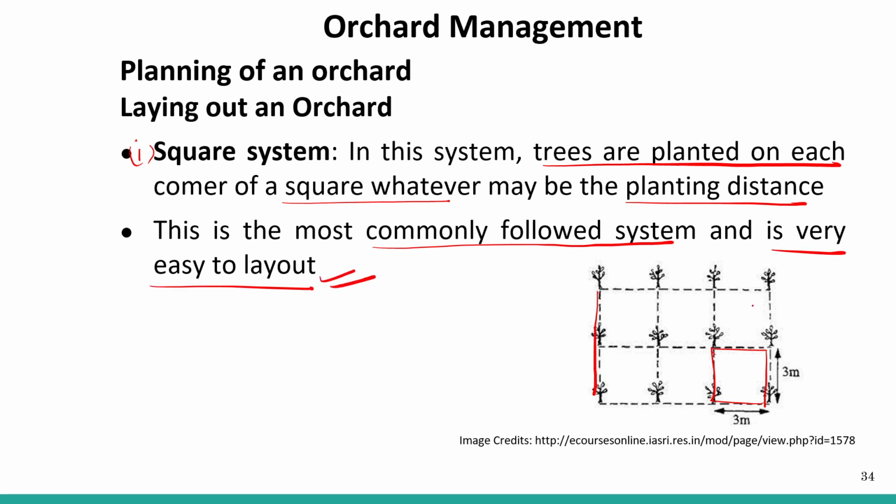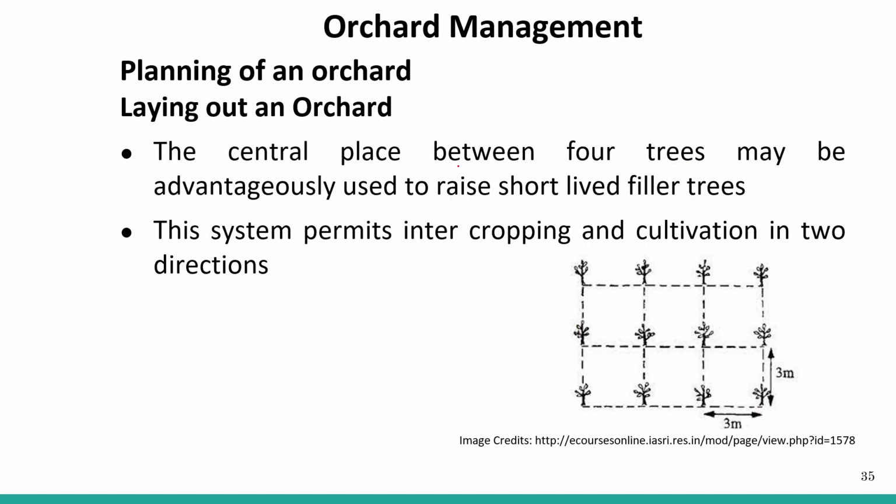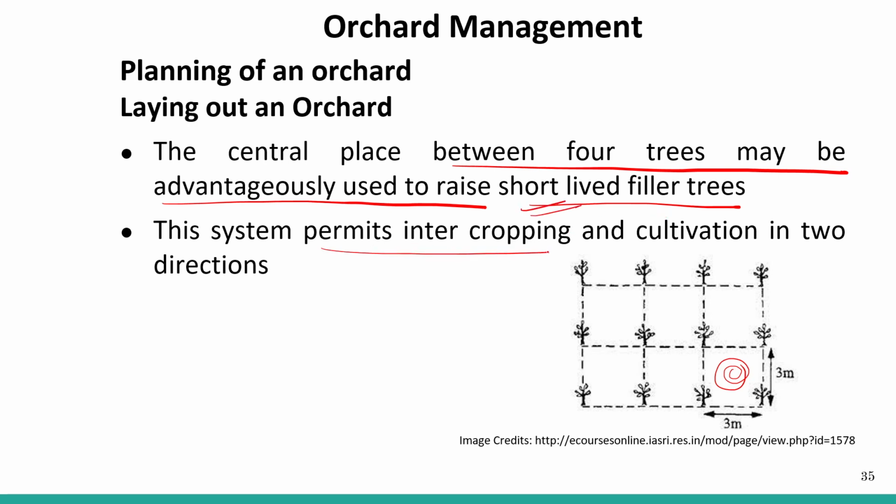It should be done in a proper square system. The central place between the four trees may be advantageously used to raise short-lived filler trees. This system permits intercropping and cultivation in two directions. So we can have some other cropping as well on this land, which is why it is also called intercropping.